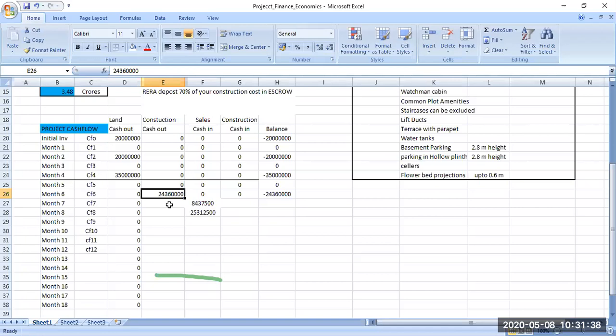The chartered accountant signs that yes, so much work is done, and they present the bill to RERA, and RERA will start giving money back to the builder. It's a little confusing, but at any given point of time, they will have at least 70% with them. So until you spend your first 30%, which is remaining, you cannot claim anything from the escrow account. So initially, you'll have to start.